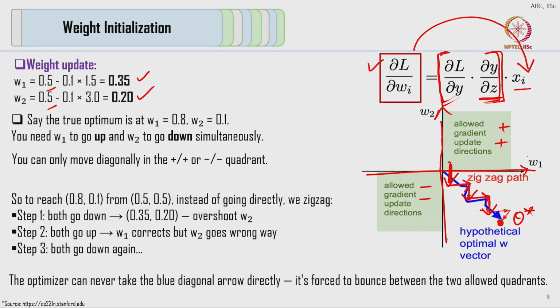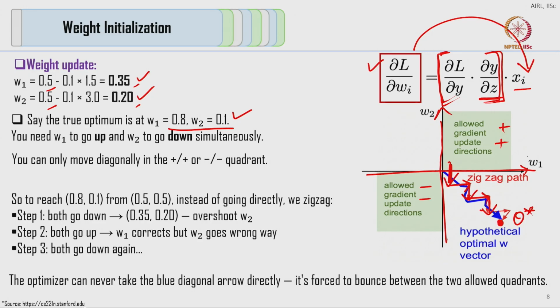As an example, if we elaborate more, let's assume that after the gradient update the values are 0.35 and 0.2. Now let's assume that the optimal is given by W1 equal to 0.8 and W2 equal to 0.1.